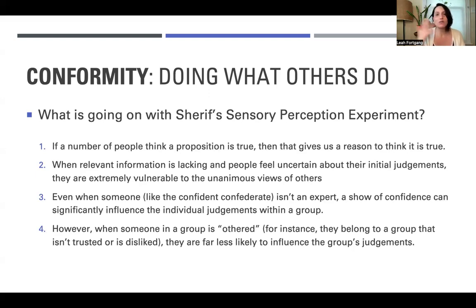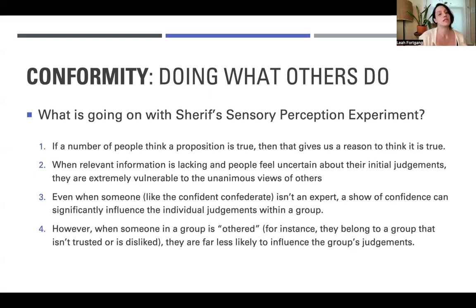And because it's an illusory thing, they didn't feel certain about the judgments they initially drew after walking out of the room and saying how much they thought the light moved. Under circumstances like that, where people feel like, well, I don't really know about this, I'm not feeling confident, they're really susceptible. That's when people are especially susceptible to following the crowd, doing what others do, i.e., conforming.